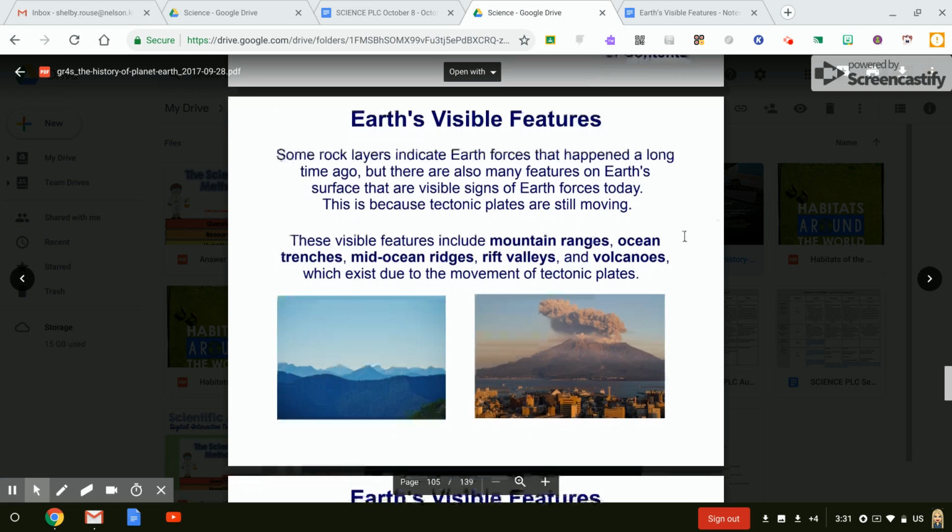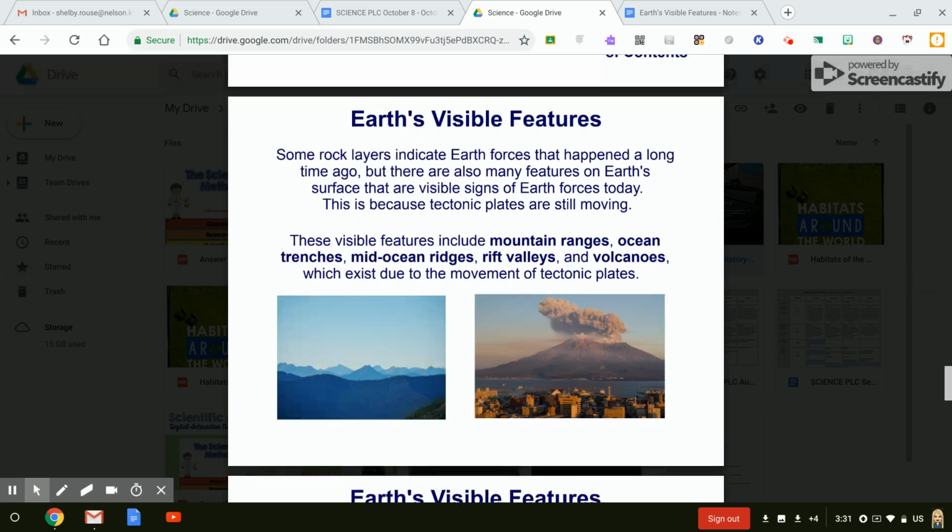So starting off, some rock layers indicate Earth forces that happened a long time ago, but there are also many features on Earth's surface that are visible signs of Earth forces today. This is because tectonic plates are still moving. They are always moving. They're moving right now as we speak. These visible features include mountain ranges, ocean trenches, mid-ocean ridges, rift valleys, and volcanoes, which exist due to the movement of tectonic plates.